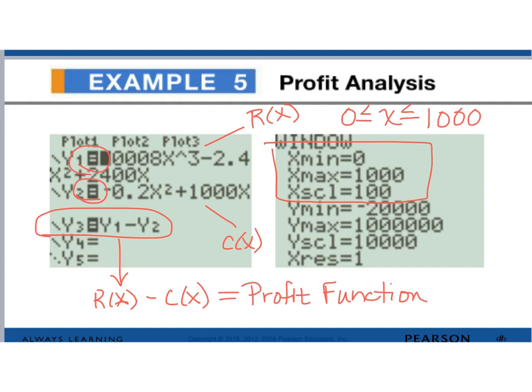And I did zoom 0 and then came back and played around with these values a little bit to make them whole numbers. So I graphed this function to look at the profit function.